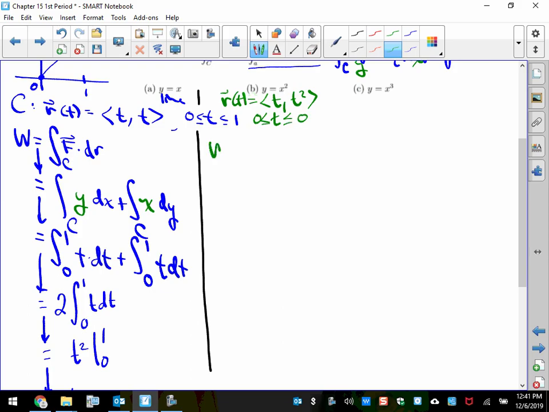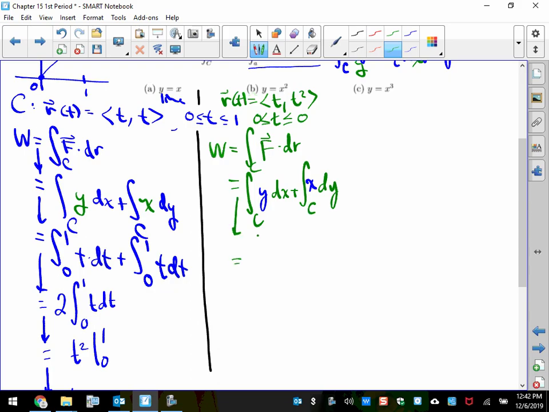And now the work accomplished is the integral of field dot dr. And we want, again, to break this up into the two component functions. So this is going to be the integral of y dx plus the integral of x dy.